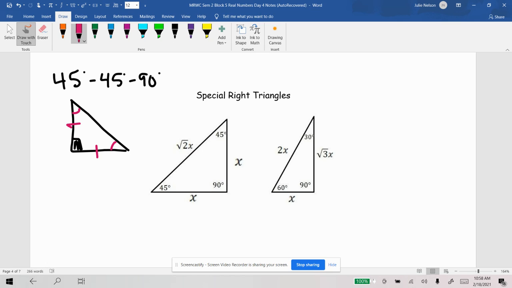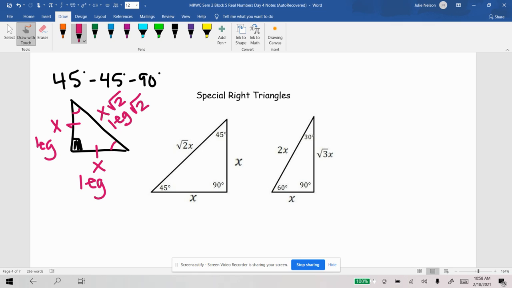And so if I call the leg X, then the other leg should also be called X because they're the same size. And the hypotenuse is always the leg times the square root of 2. So if you prefer, instead of writing X, you can say leg. And then the hypotenuse, which is the longest side, is leg square root of 2.